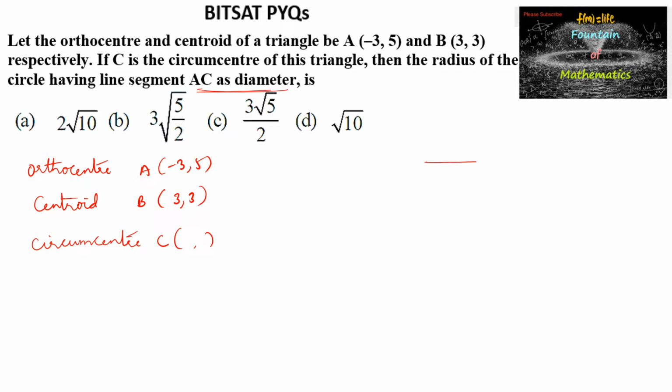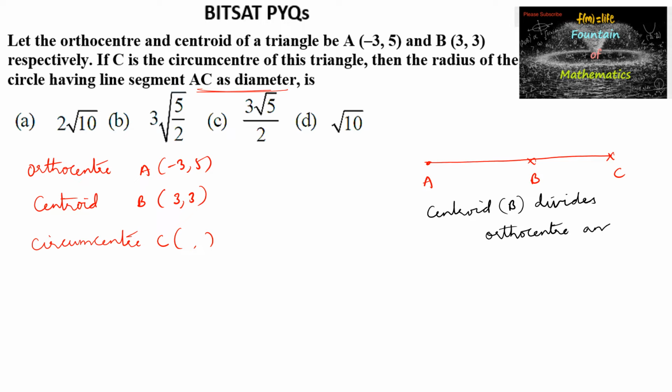We know that the orthocenter, centroid and circumcenter: the centroid B divides the orthocenter and circumcenter in the ratio 2:1.